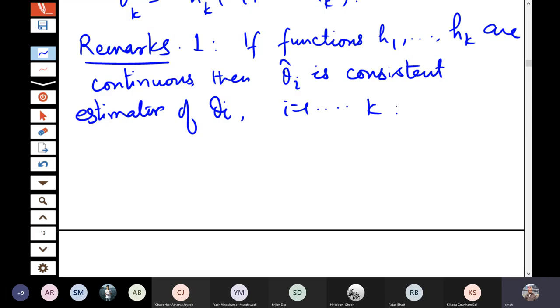So that way, statistically, this is a sound principle. It is a layman's principle, but still it is okay.